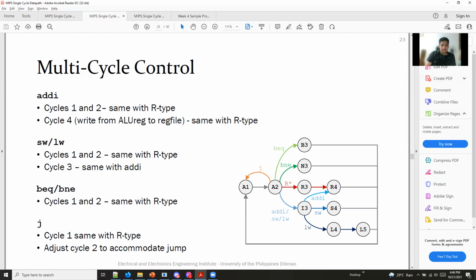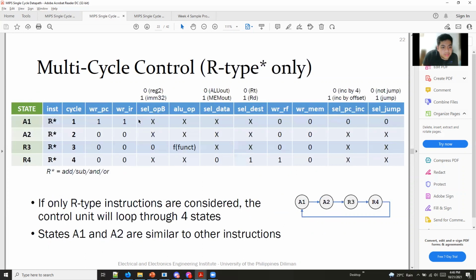Yung parang base natin dito is yung R-type na instruction. Na yung first one is yung instruction fetch, instruction decode, and then dito yung ALU result, tapos yung write back.